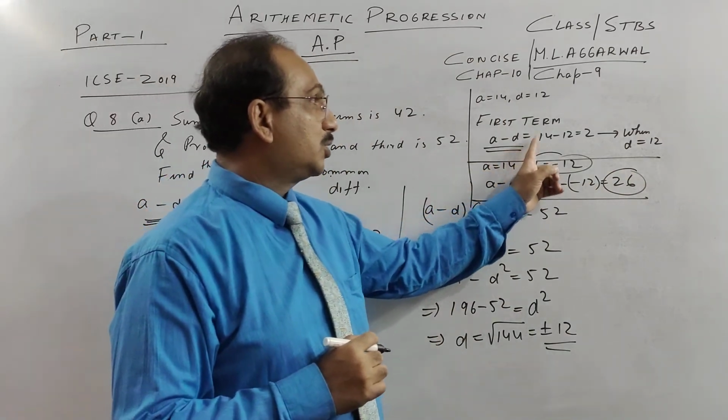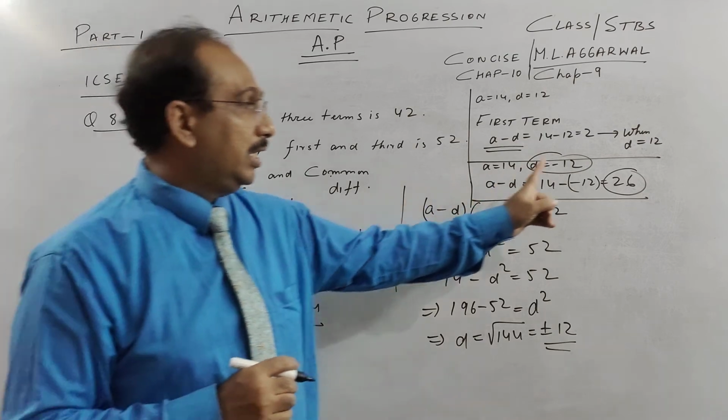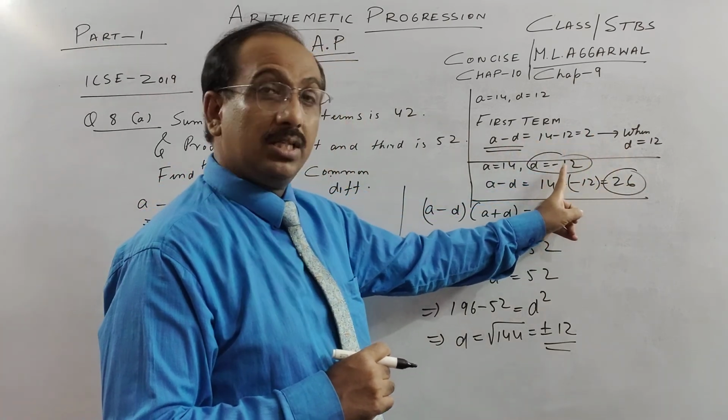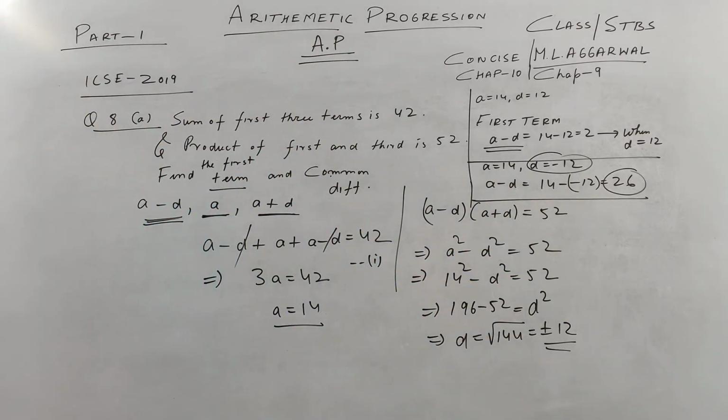But when d is plus 12, first term a minus d is 2. And when d is minus 12, the first term is 26. So this is what we had in the question.